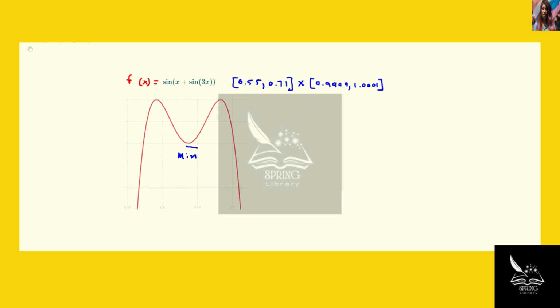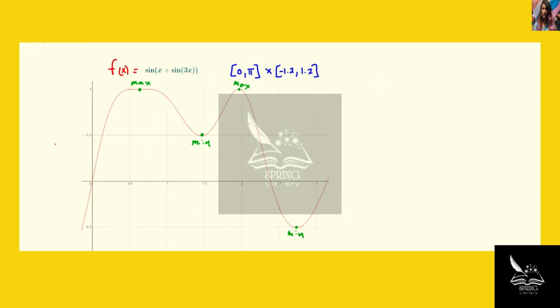So let's go back to the first graph really quick. This is that interval that we were looking at right here, and we said, oh, that is a maximum. But in reality, it should have dipped down more like that. So that point that we thought was a max is actually a minimum.